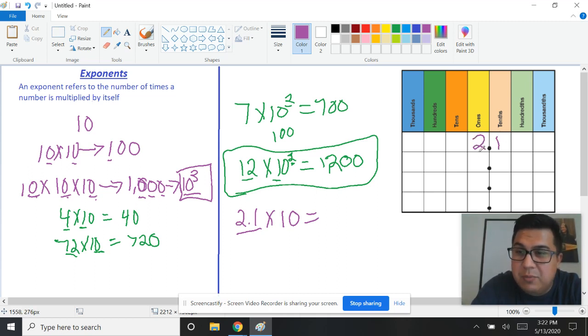We multiply it by 10, we know it's moving over how many place value spots? Yeah, one place value spot because it's being multiplied by 10. So we can plug this in now. We can move this 2 over, and now it becomes 21. Okay, so again, what we're really doing is just moving this decimal over, plugging it right there, and now instead of it being 2.1, it really becomes 21.